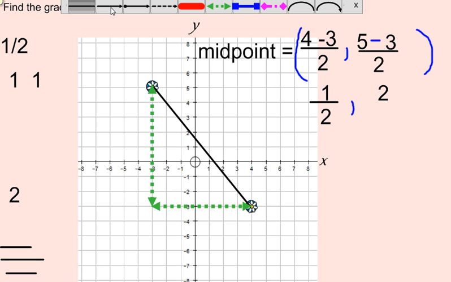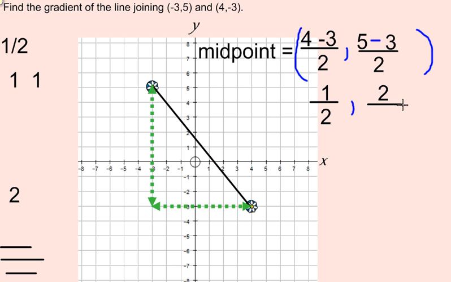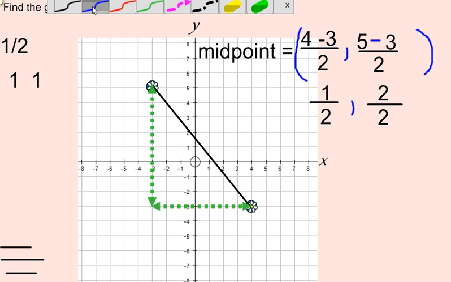And I have to divide that by 2. And I think that you all know that 1 divided by 2 is just a half, and 2 divided by 2 is 1. So I can write that.